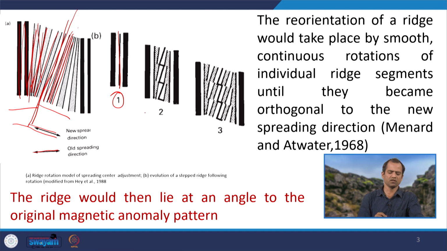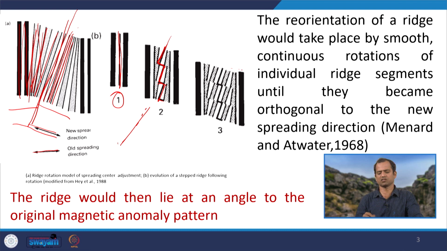Now, with time the mid-oceanic ridge orientation wants to change in this way. So, that means this is the segment of this ridge. Now, this segment has to reorient, that means we believe that this is segmenting into different parts, so that the new ridge axis is reorienting with the preferred directions.